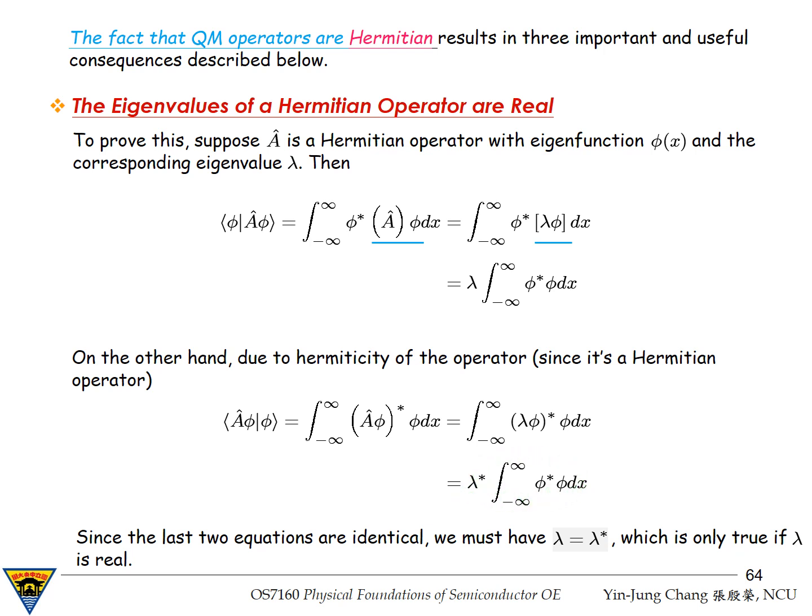Since the last two equations are identical, we must have lambda equals lambda conjugate for any non-zero state or non-zero wave function phi. This means that lambda equals lambda conjugate is only true if lambda is real.